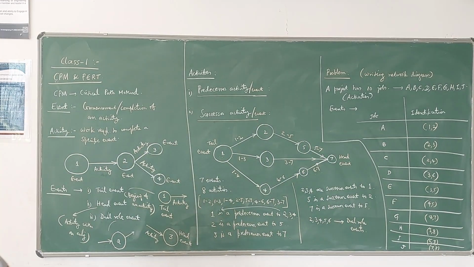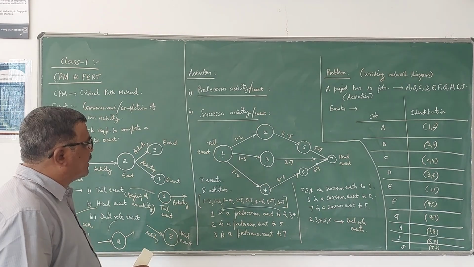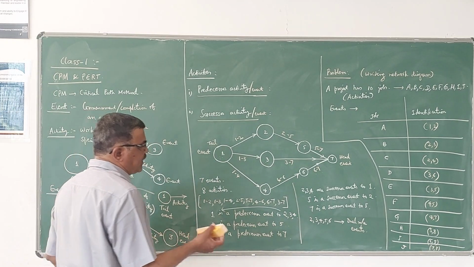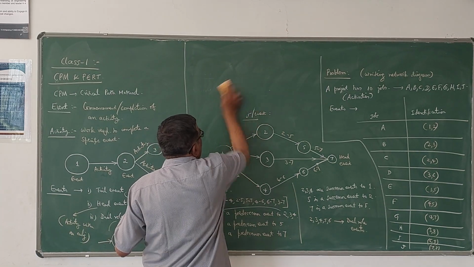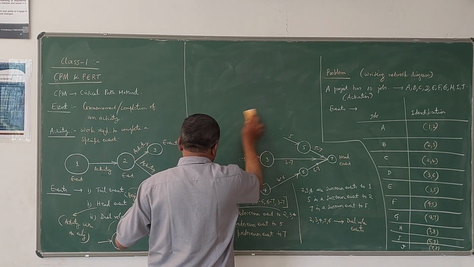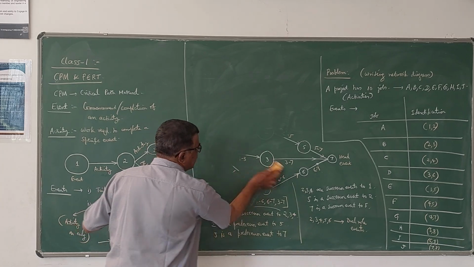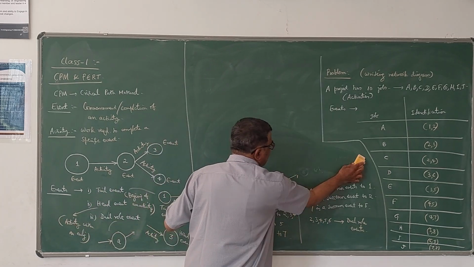So activities and events are connected like this. Now we have to draw a network diagram for this. For that you should understand the concept of event and activity.